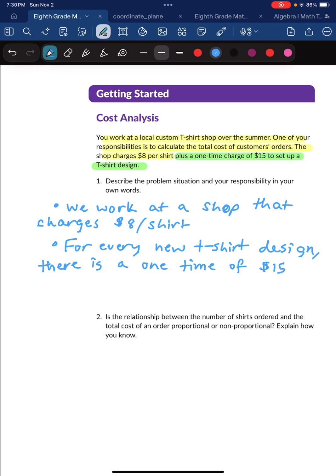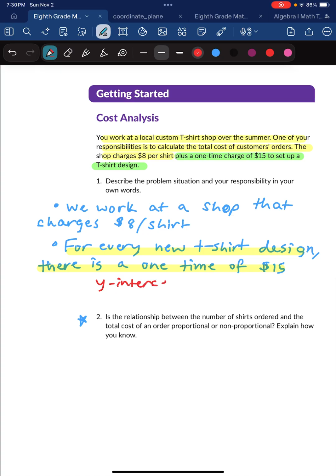Is the relationship between the number of shirts ordered and the total cost proportional or non-proportional? Well, the key thing being that every new t-shirt design has a one-time charge of $15. That is going to tell us that we have a y-intercept.